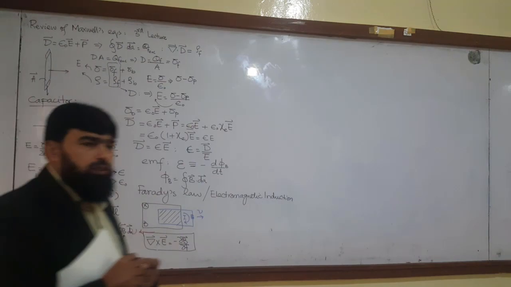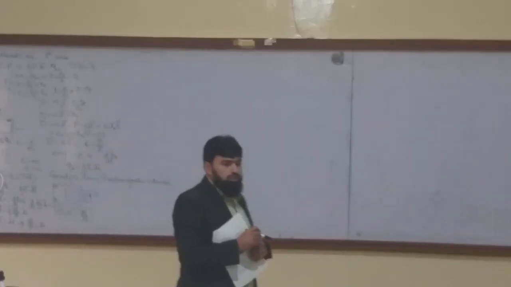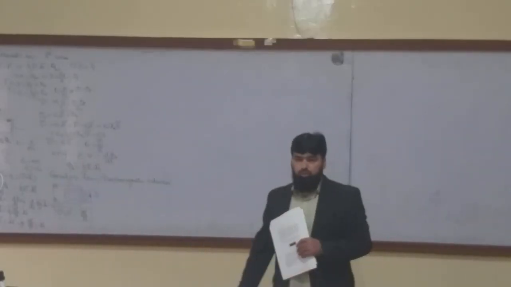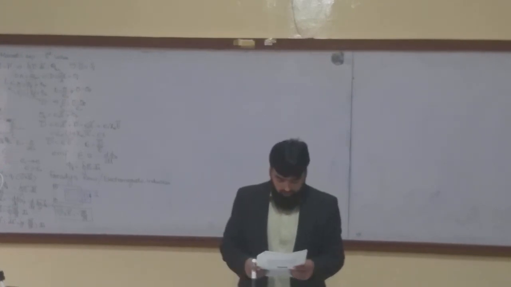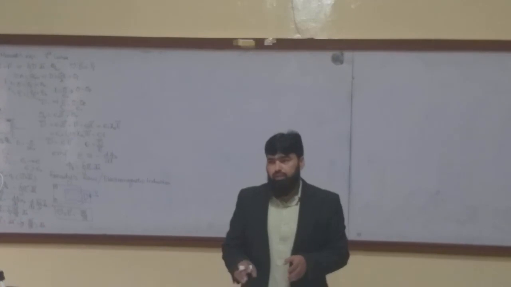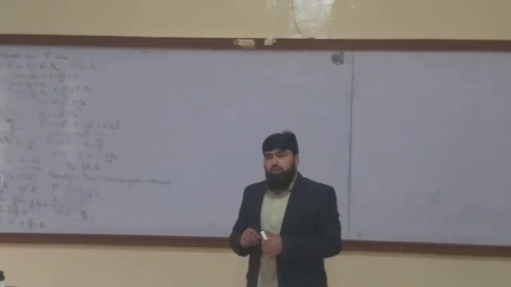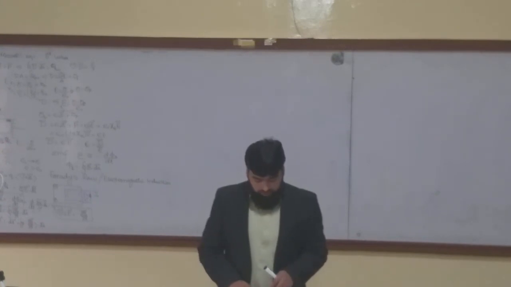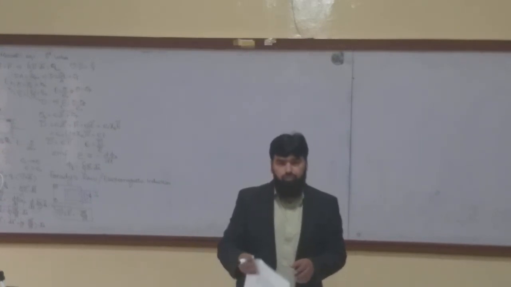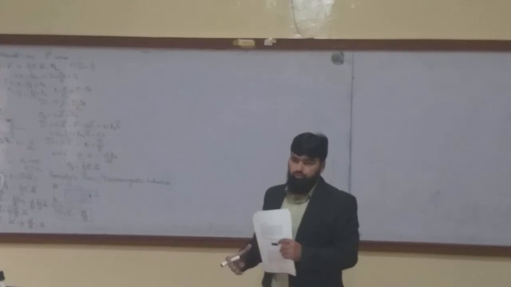I'll just apply the Stokes theorem back on this one, and you will get the result here. Clear? Yes. So vary the magnetic field, then it will cause an electric field.